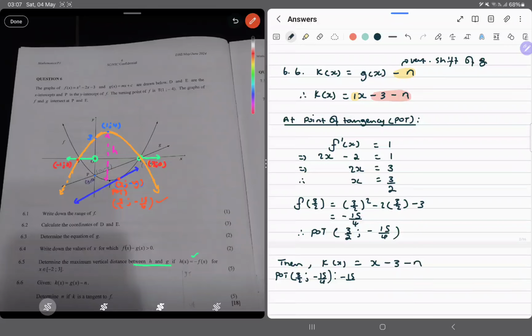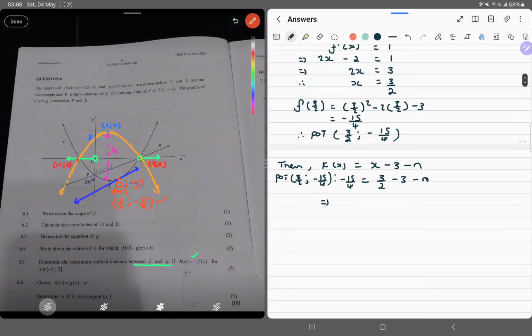We get minus 15 over 4 equals 3 over 2 minus 3 minus n. Interesting. We take that one to the other side. It's 3 minus 15 over 4 is equal to 3 minus n.